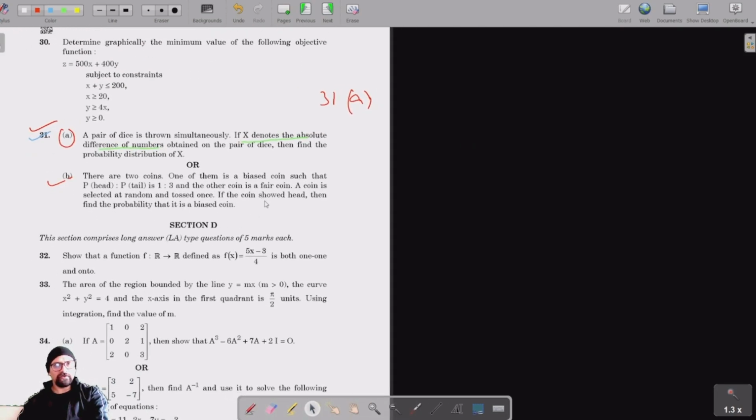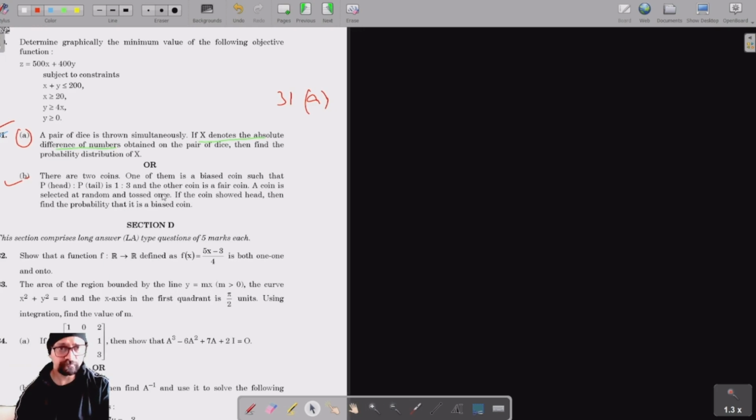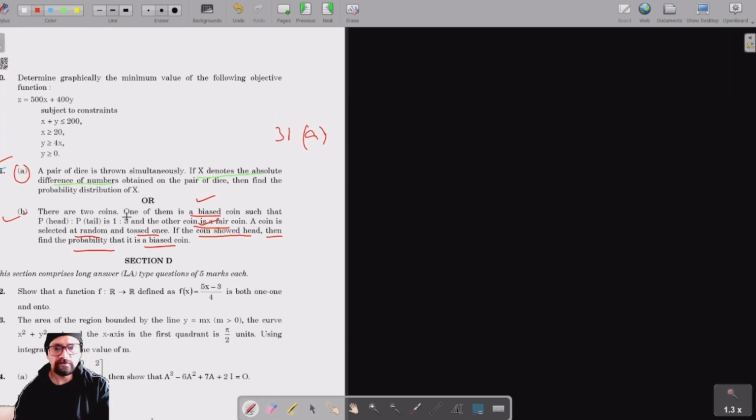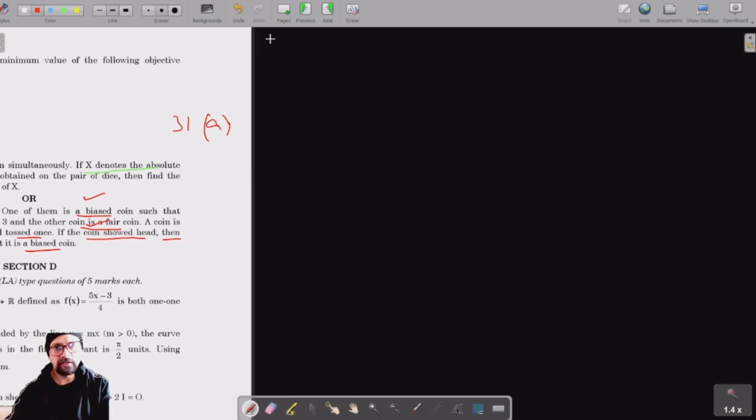One of them is a biased coin, such that the ratio of probability of head to probability of tail is 1 by 3, and the other is a fair coin. A coin is selected at random and tossed once, and if the coin showed head, find the probability that it is the biased coin.